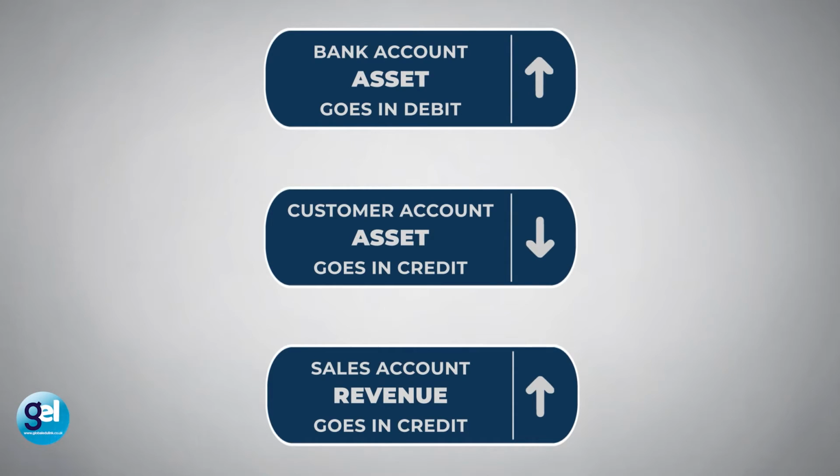So a reduction of an asset goes in credit. If there is no customer account, then the other part will be a cash sale, for instance. That's a revenue, and revenue behaves like a liability, so it increases in credit.